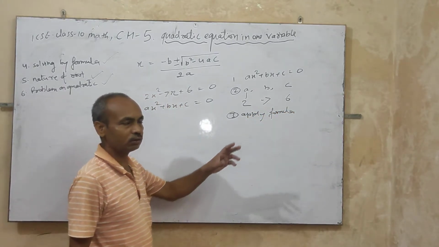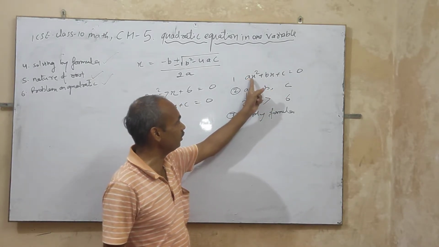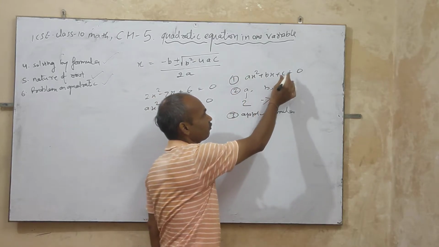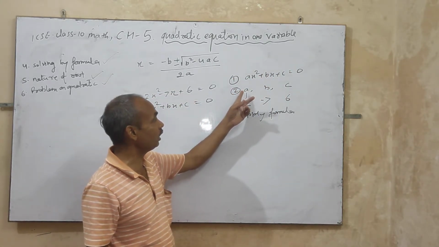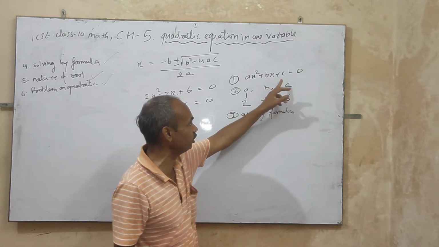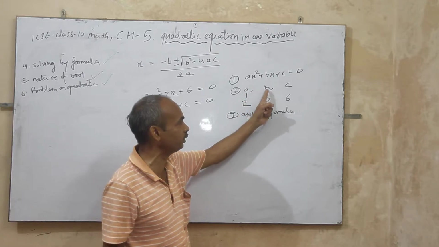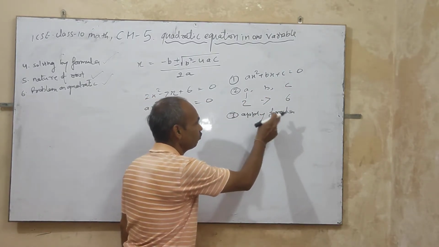The first step, change the quadratic equation into the form ax square plus bx plus c. The second step, compare it to get the values of a, b and c. And the third step, apply the formula.